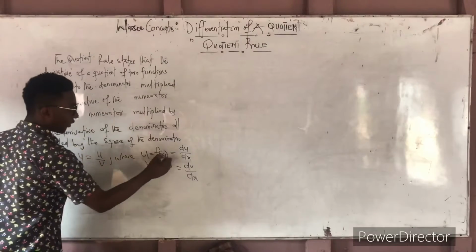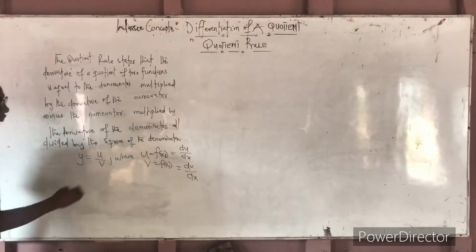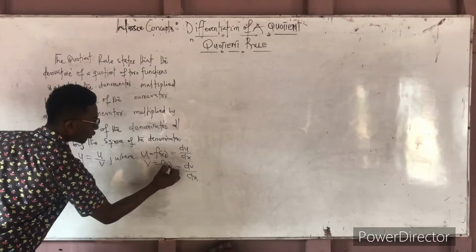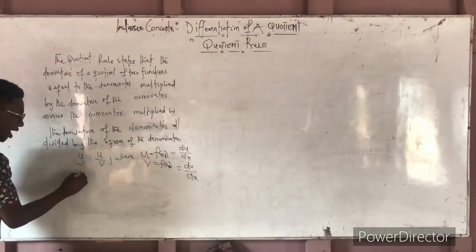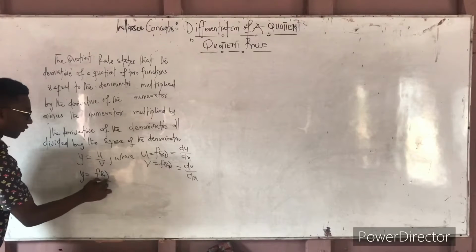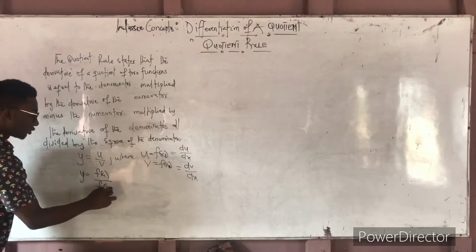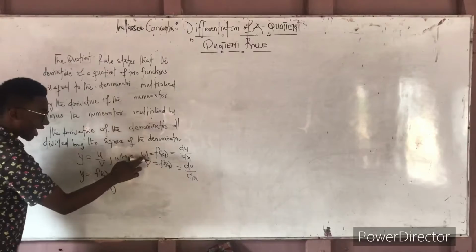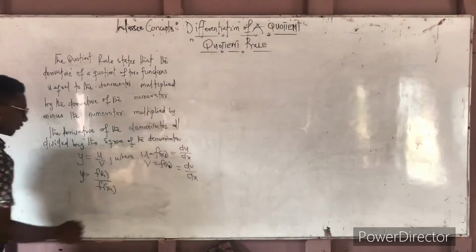Let's say this is f of x2, f of x1. And y, which is u on v, is the function of x1 over the function of x2. I represented it by u and v.